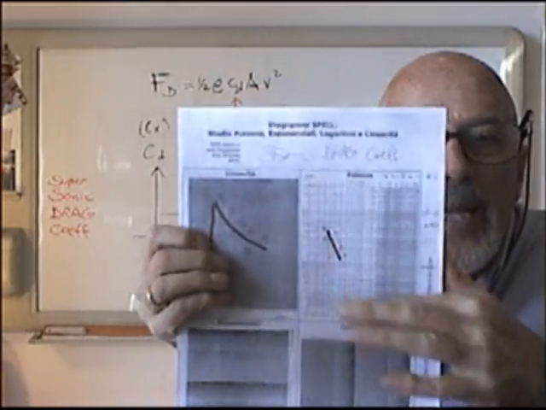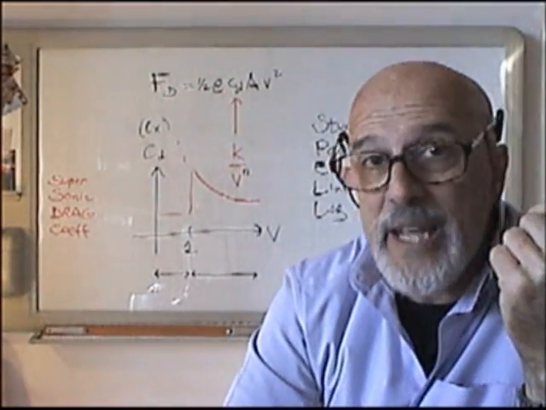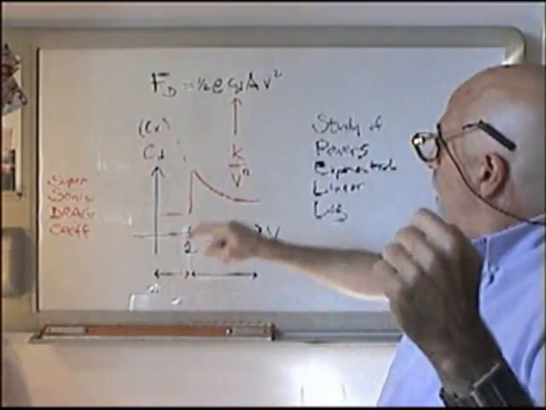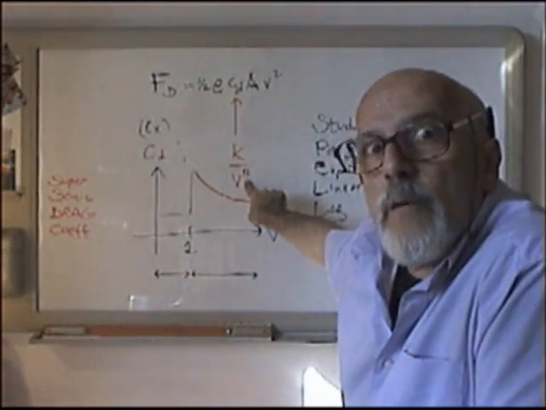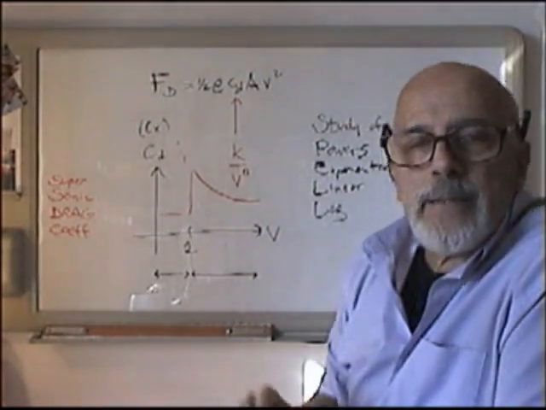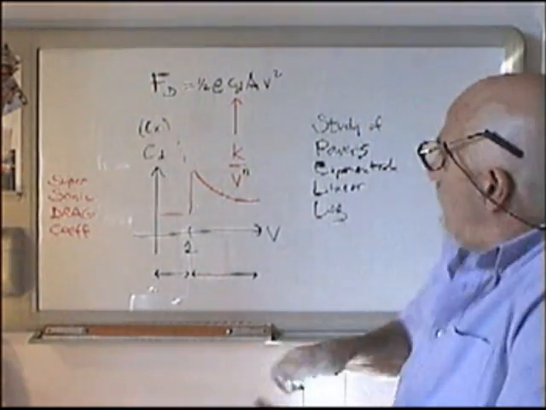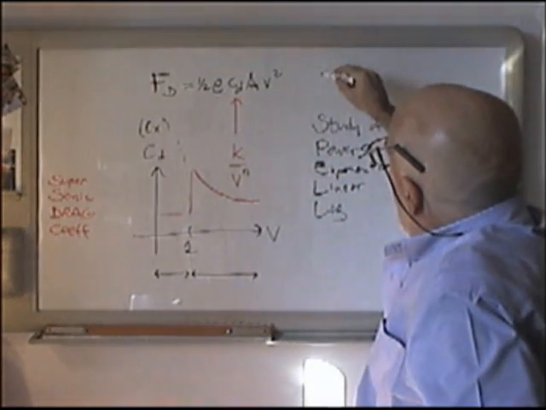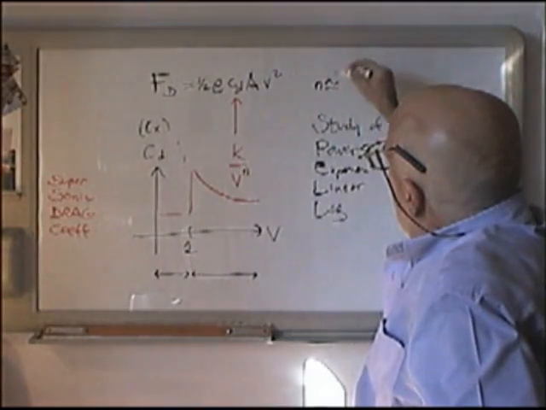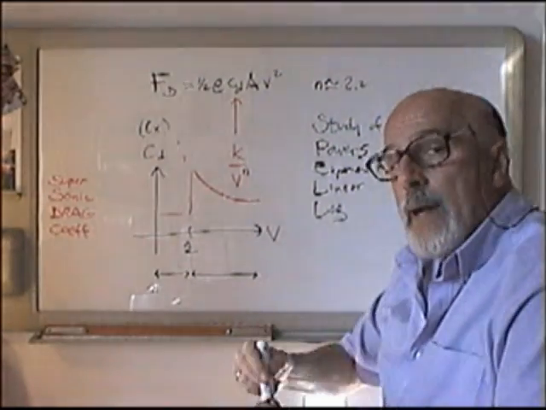Well, the slope of this line was astonishingly different than a simple 1 over v to the power of 1, which was the thing I guessed at first sight. It was something like n around 2.2, 2.1, 2.2.